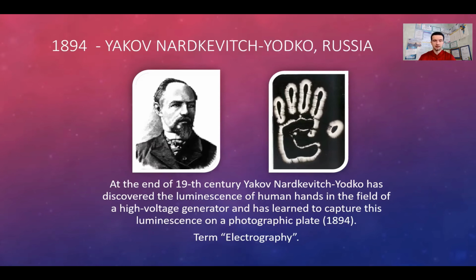As it was already some kind of image, a photo, the term electrography appeared. It means that you can not only watch this, but also record the glow and then analyze it.